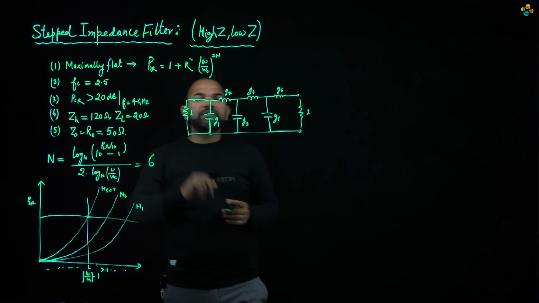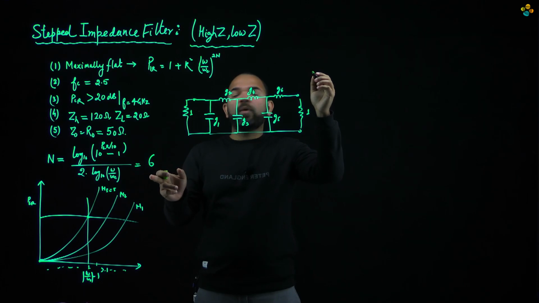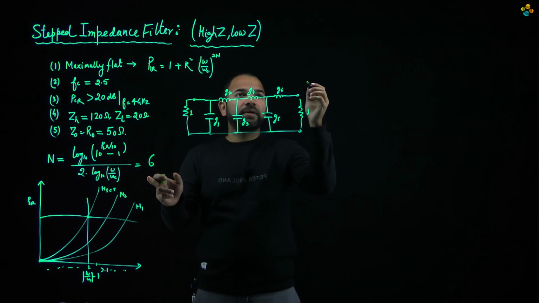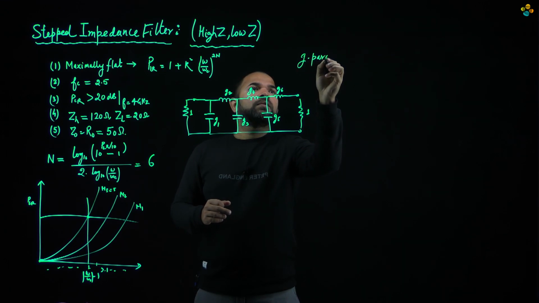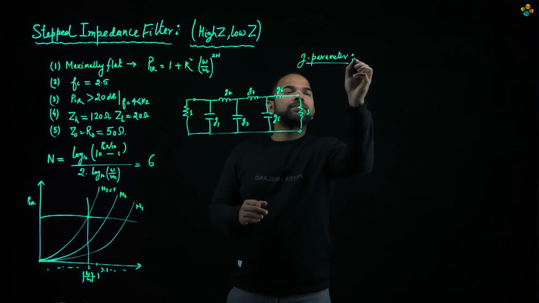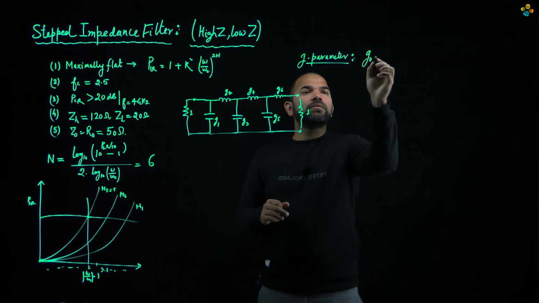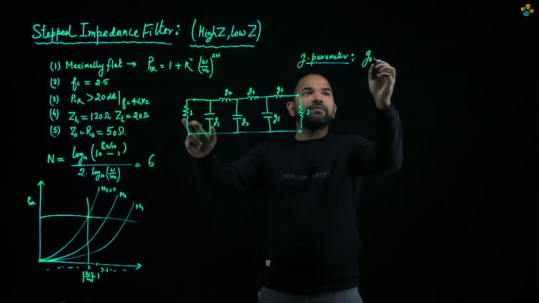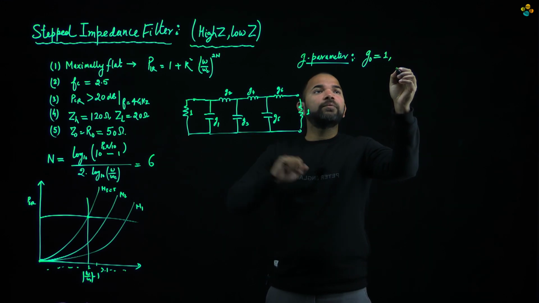Okay, for maximally flat, the first step was calculating the order, and we have obtained the order as 6. The next step is to calculate the G parameters. For the maximally flat case, G0, which is given, is the first element, equal to 1 normalized value.